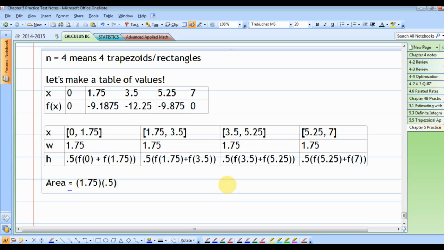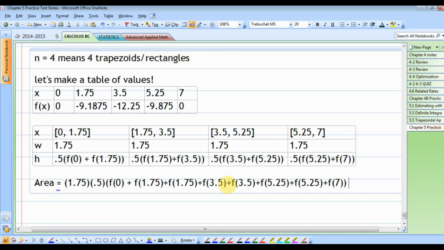Might as well. f of 0 plus f of 1.75 plus f of 1.75 plus f of 3.5 plus f of 3.5 plus f of 5.25 plus f of 5.25 plus f of 7. That really brings you into the trapezoidal rule quickly, doesn't it?